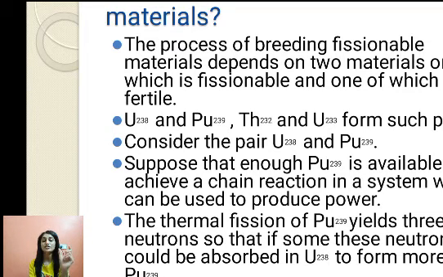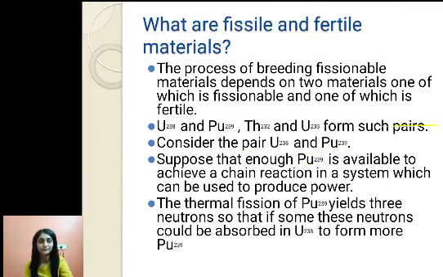The thermal fission of plutonium-239 yields 3 neutrons. From one atom of uranium-235 I get 2 atoms of plutonium-239, which is fissionable, and from one plutonium-239 I again get 3 neutrons, so some of these neutrons could be absorbed in uranium-238 to form plutonium-239.